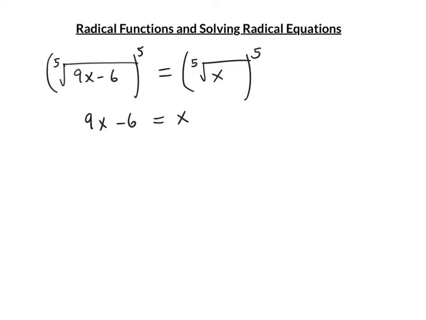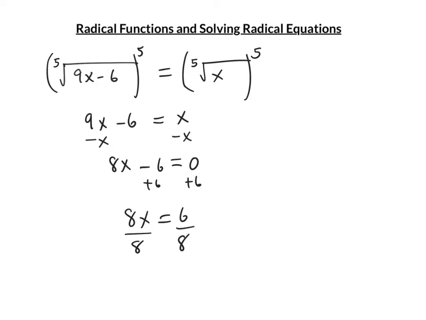Subtract an x from both sides and add a 6. 8x minus 6 equals 0. Add 6. 8x equals 6. And divide by 8. x is 6 over 8, but that certainly simplifies. Divide both by 2, and we get 3/4.